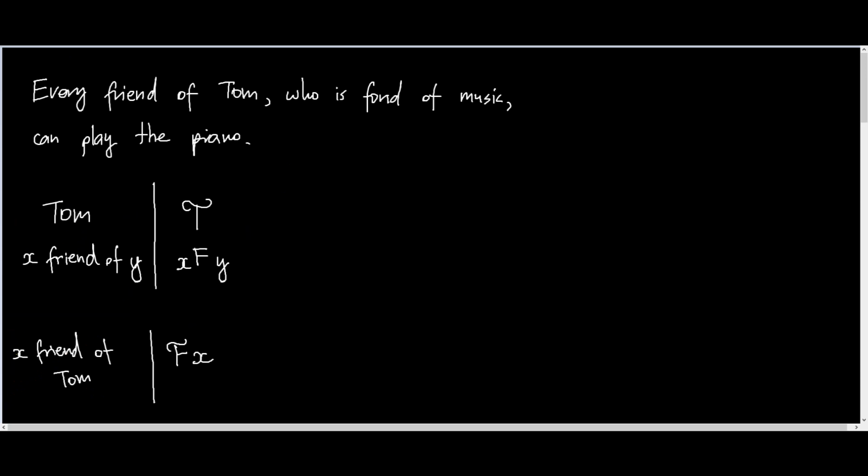Okay? Let's see, what else do we need? Now we need a way of saying that a human being is fond of music. And again, we have this choice. We could have music represented by a variable and then a symbol saying that some object is music, or we could just have this whole thing just depend on one single object, the human being that is fond of music. And so in both cases, we'll actually take that approach.